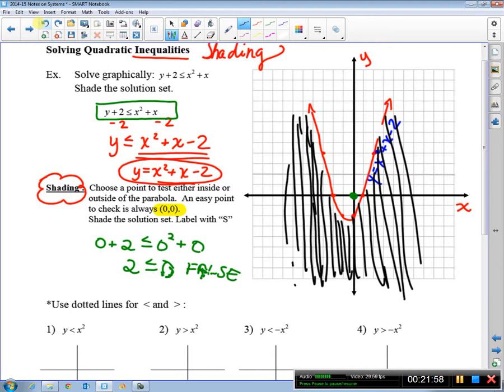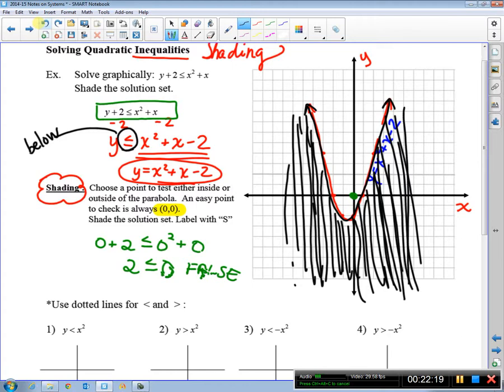And I like to look, if I see y is less than or equal to, actually we can hit the parabola, y is less than or equal to, then I think of less than as meaning below. So I know wherever the parabola boundaries are, I'm shading down, below.